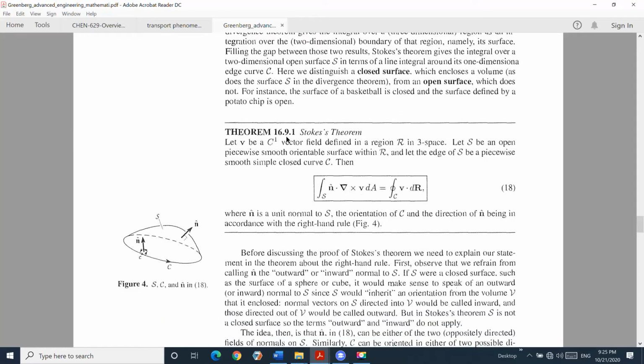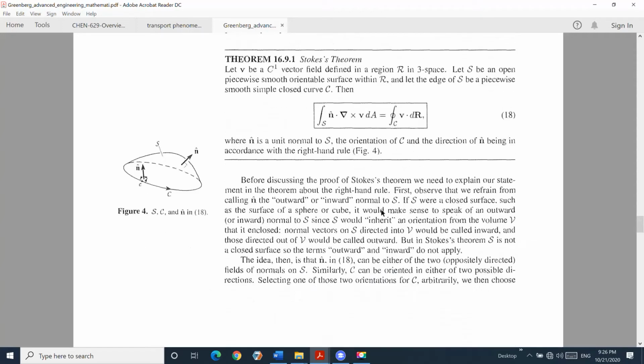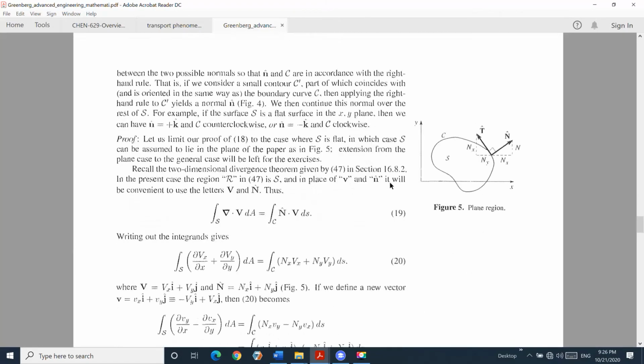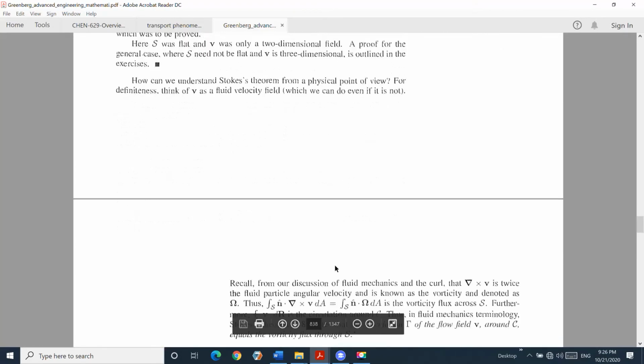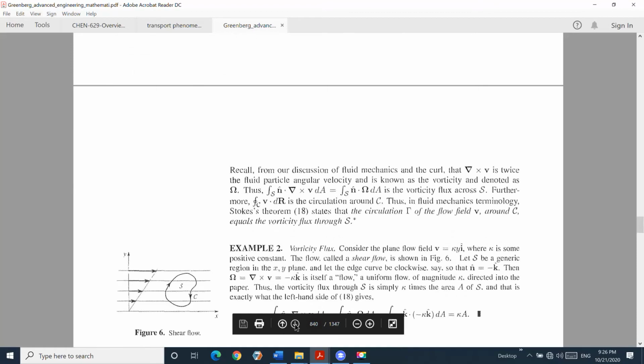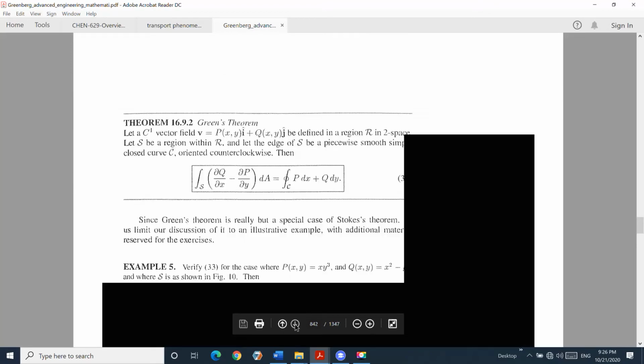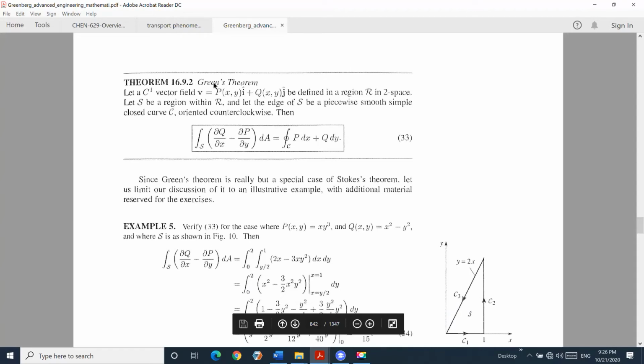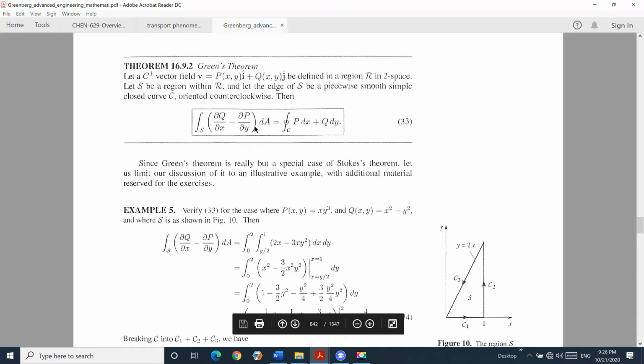Basically, this is the result of the Stokes theorem. We will also use this in the derivation of conservation laws later in the class. Another theorem is Green's theorem. We are also going to use this theorem later.